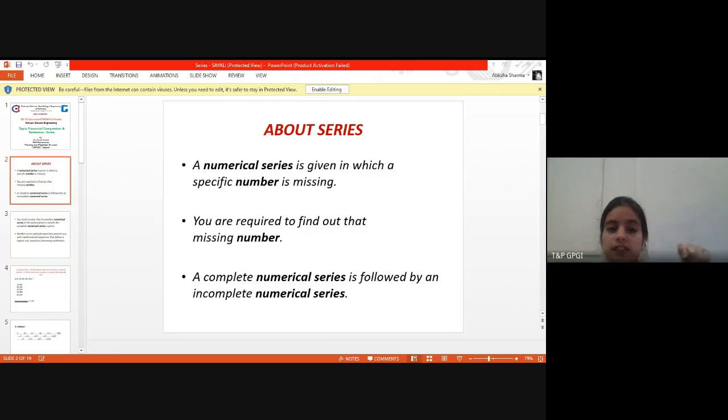A series will be given with a particular pattern, maybe in factorial form, or maybe in multiplication form. So there are various patterns in which the numbers will be given to you. You have to identify the pattern and accordingly find the missing number.